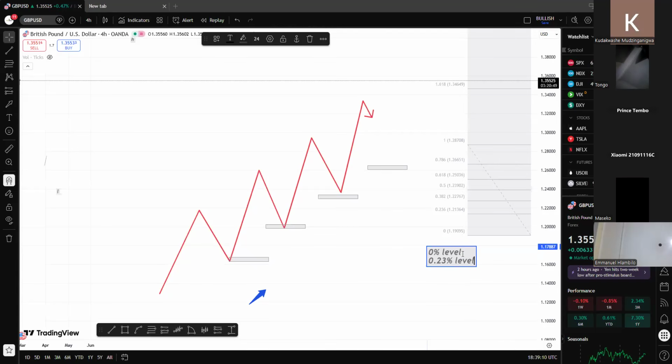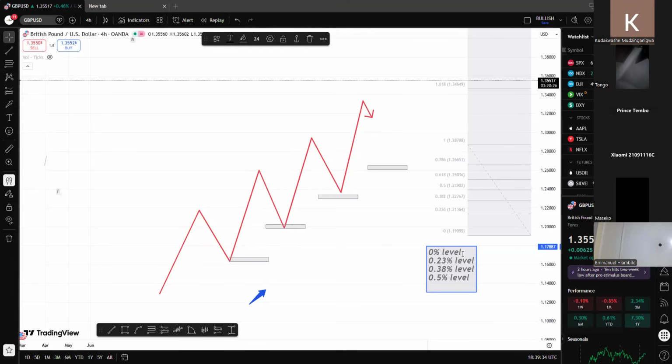It also has what we call a 0.38 level, right? It also has what we call a 0.50 or 0.5 level, right?